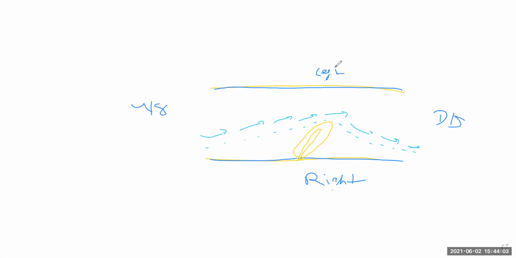And here a scour hole is created at this point, and this angle may be 60° to 80°.